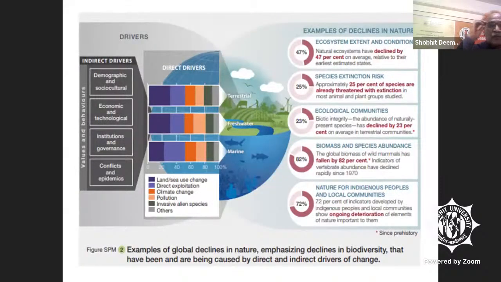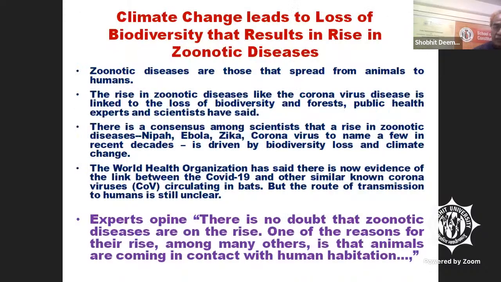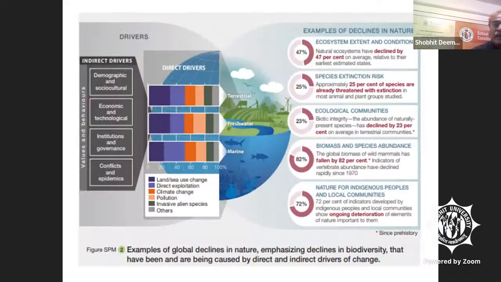Now, you will find that here I have defined that the ecosystem is changing. We need to address the natural ecosystem. Species extinction risk is increasing: 25% species extinction risk, ecological communities a 23% risk, and biomass and species abundance a 20% risk.